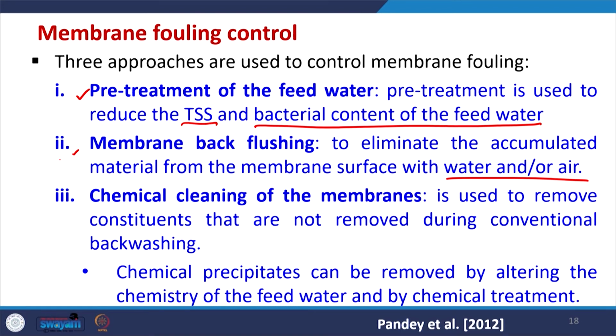It is possible that because of the change in the water chemistry, the adsorbed materials or the materials which have been retained on the surface of the membrane may get removed, because the water being used for backwashing has a completely different pH. So, that means the chemistry has been altered, and because of that the treatment happens. Similarly, we can use some other chemicals also for removing the foulants.